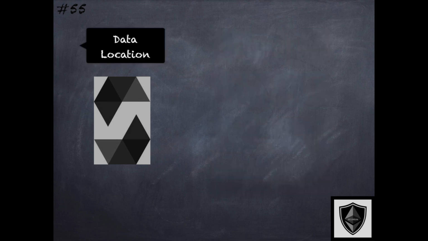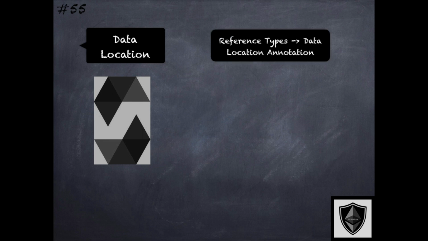Let's now talk about the concept of data location. We talked about value types and reference types. Reference types, which are the structs, arrays, and mappings in Solidity, allow for a specification of their data location. So this is an additional annotation, and it indicates where that reference type variable is stored.